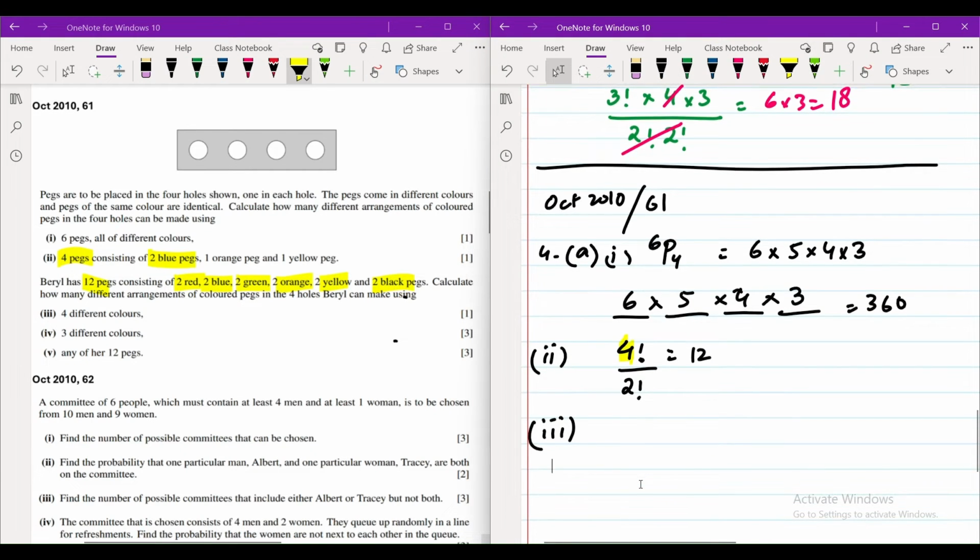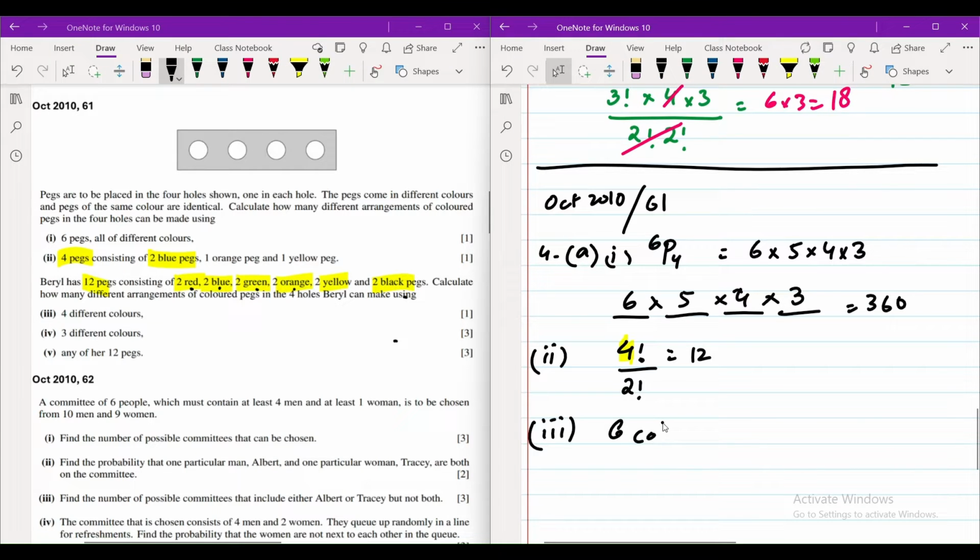So what we will do over here, for each one of them, we will have 1, 2, 3, 4. Now how many different colors do I have? 1, 2, 3, 4, 5, 6.